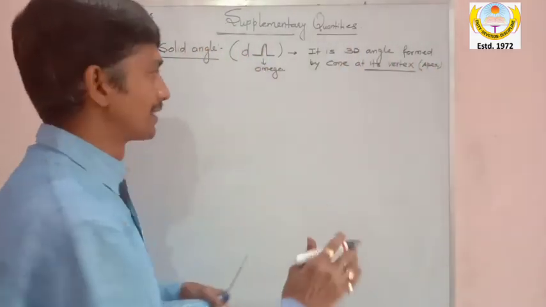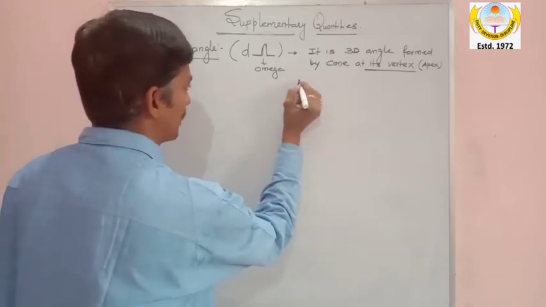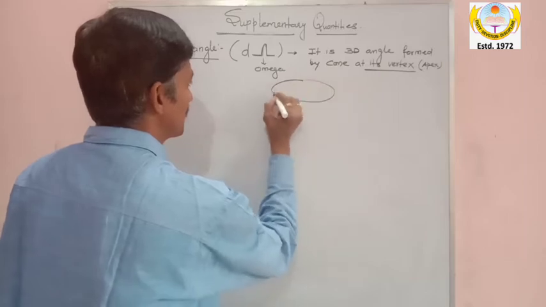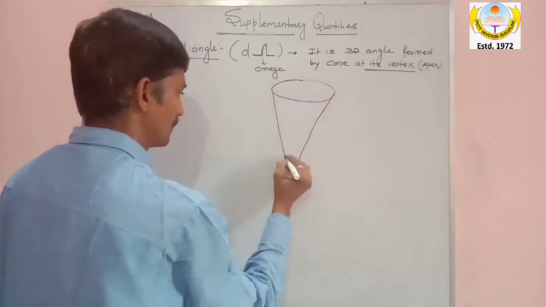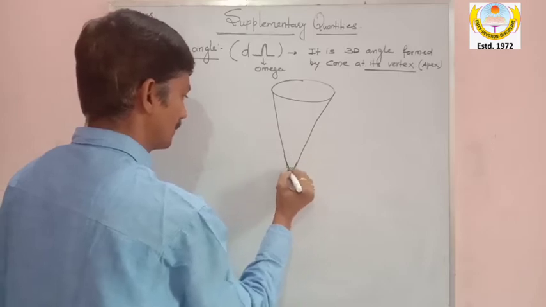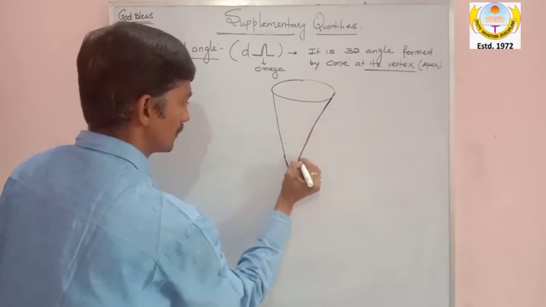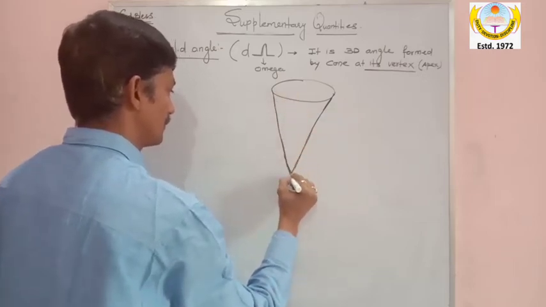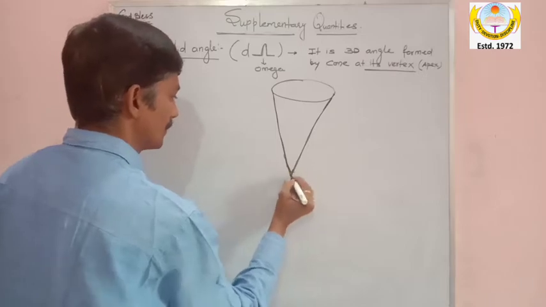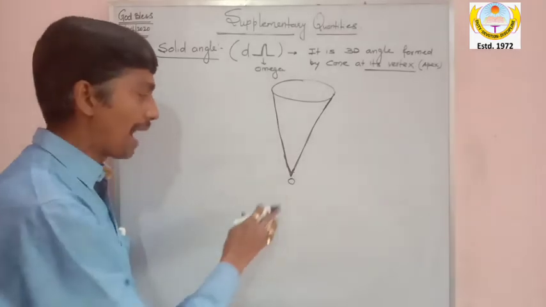So now look at this diagram. I am drawing many diagrams here. I can draw like this. Like this is the vertex, say it is O, or you can say apex.